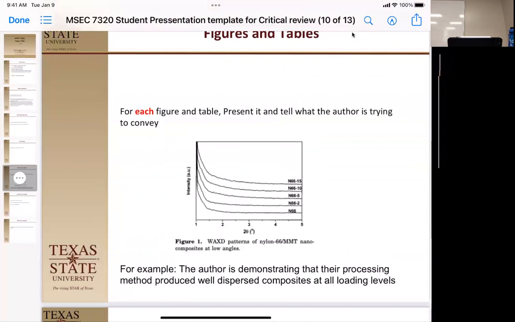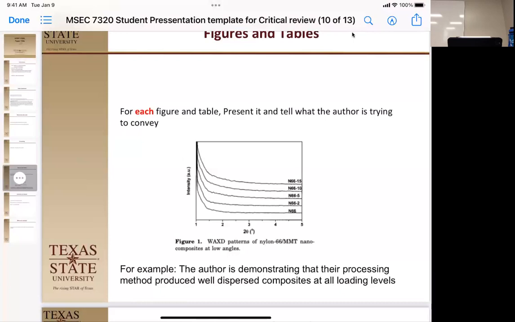With every figure in your paper, you need to have a slide for it, and you need to tell me what the author is demonstrating. What the author is demonstrating. You don't say, oh, this is a wide angle X-ray scattering, and we show no order. Don't do that. What the author is doing by using this figure is telling you that they got good dispersion on all their loadings.